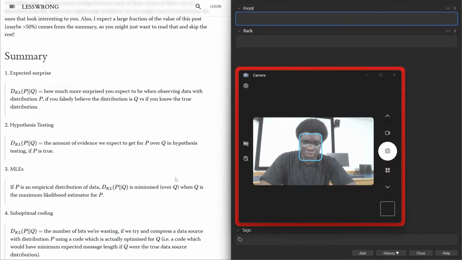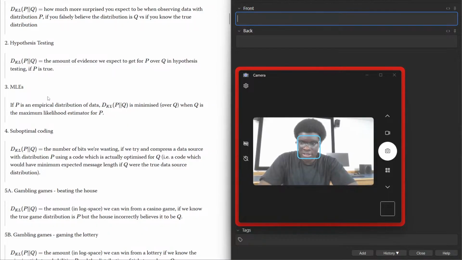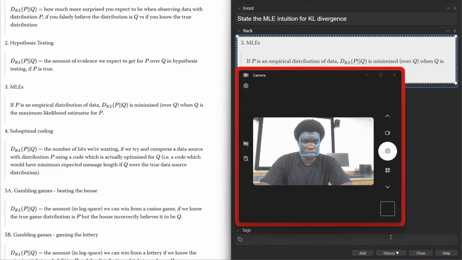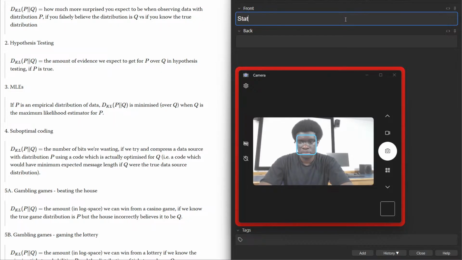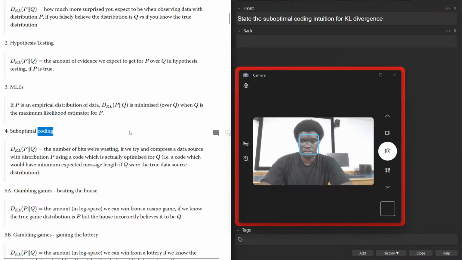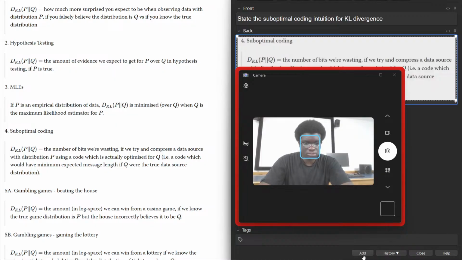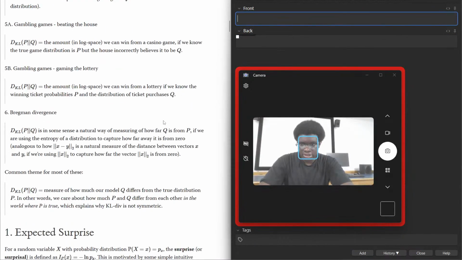I'll put the Bayesian and coding ones though, because I like those ways of thinking about it. For KL divergence.